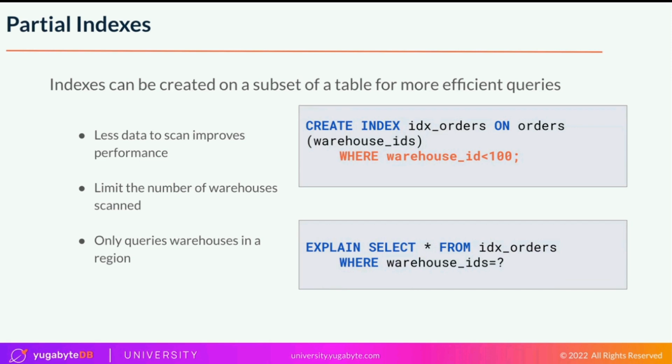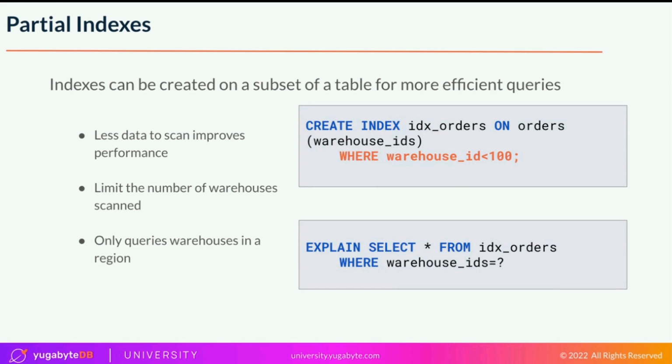We can do this by creating an index that only contains warehouses that are located in your region. Therefore, you don't need to scan a warehouse somewhere in Australia when you're not going to be able to ship there anyway. It's just reducing the amount of data in that table that needs to be scanned, okay?